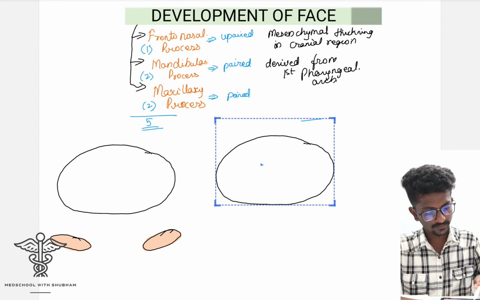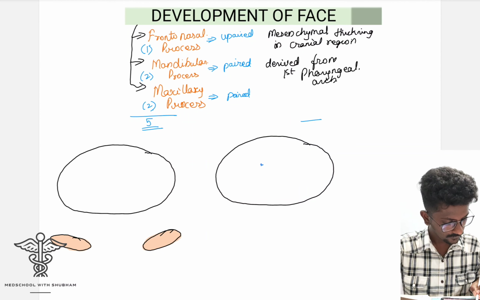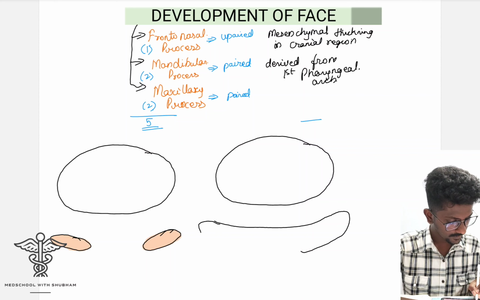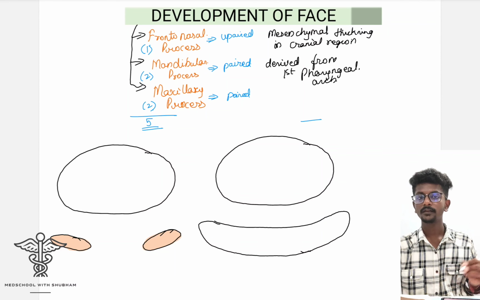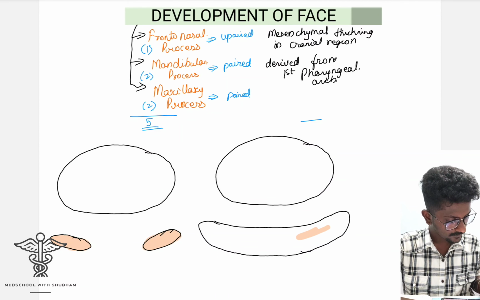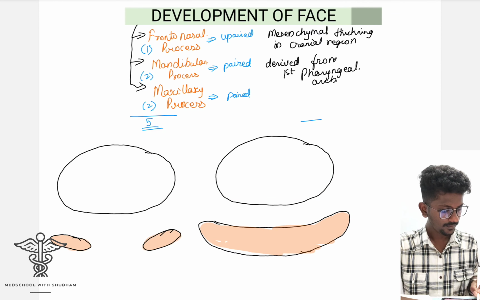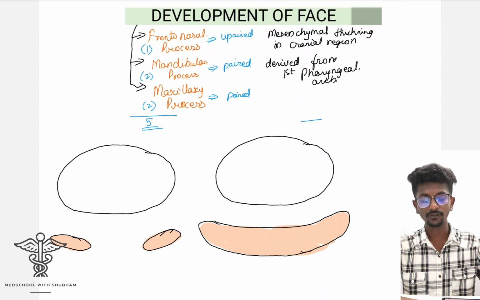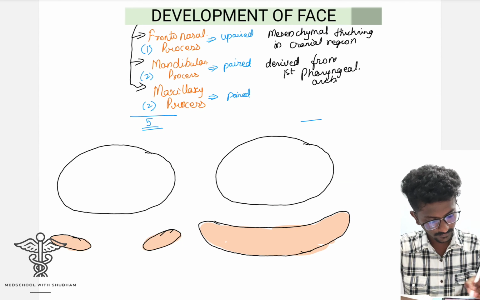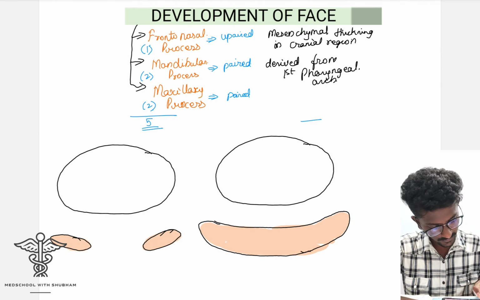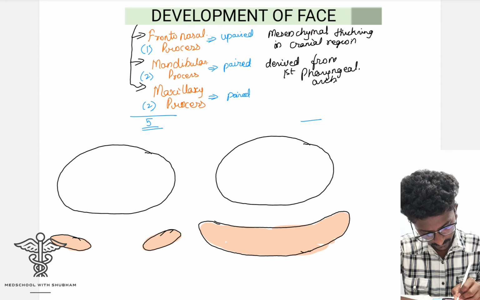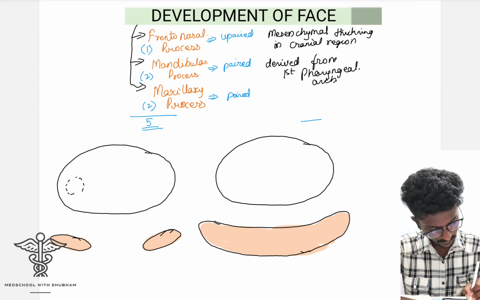So this is the frontonasal process, and now here we got the entire mandibular process. Now what happens inside the frontonasal process, we have a thing which is called, even here you can also appreciate it.